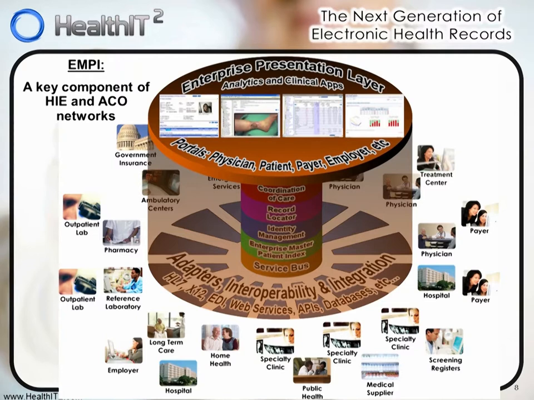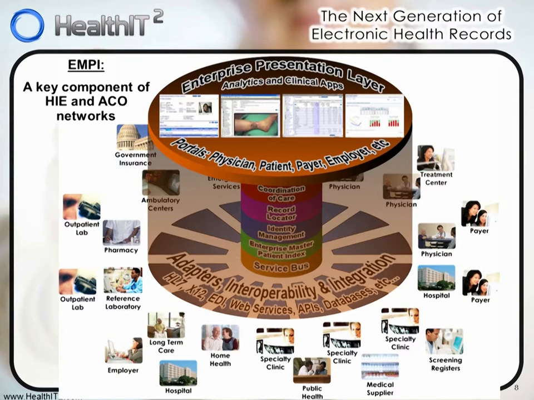So at a high level, we see, scattered around, these different players, different stakeholders within a network, anywhere from hospitals to ancillary services, radiology labs, employers, public health organizations, and so on.